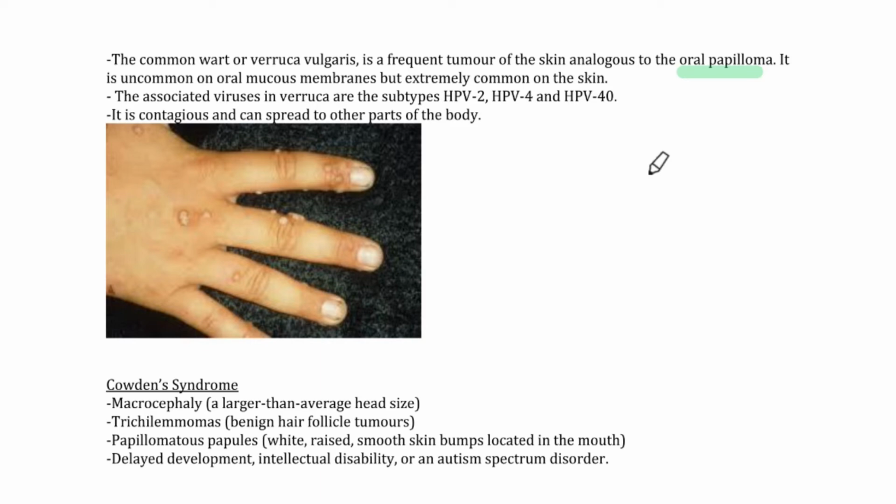The associated viruses in Verruca are the subtypes HPV2, HPV4, HPV40, and in papilloma it was HPV6 and 11. Verruca vulgaris is highly contagious and can spread to other parts of the body. You can see in this picture.